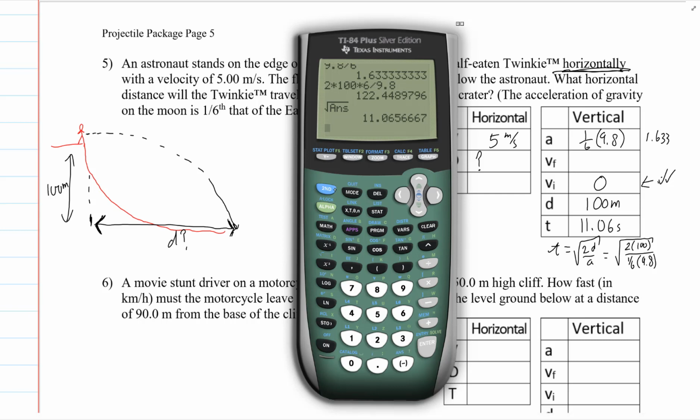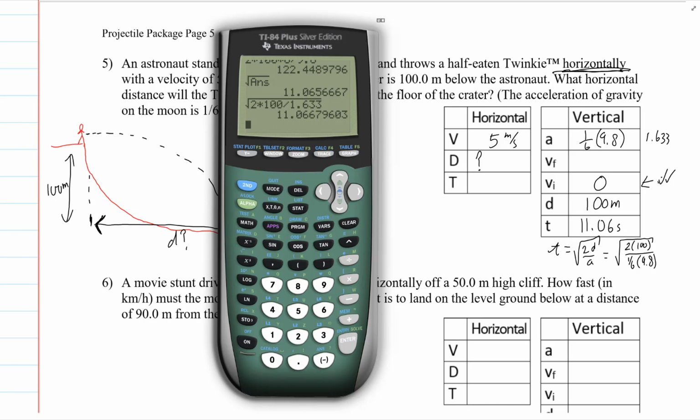Okay, you want to see it, you do it in one step. Square root of 2 times 100 divided by, and let's use that number I calculated, 1.633. Since I only did 4 sig figs here, it's only accurate to the 4. So that's the time.